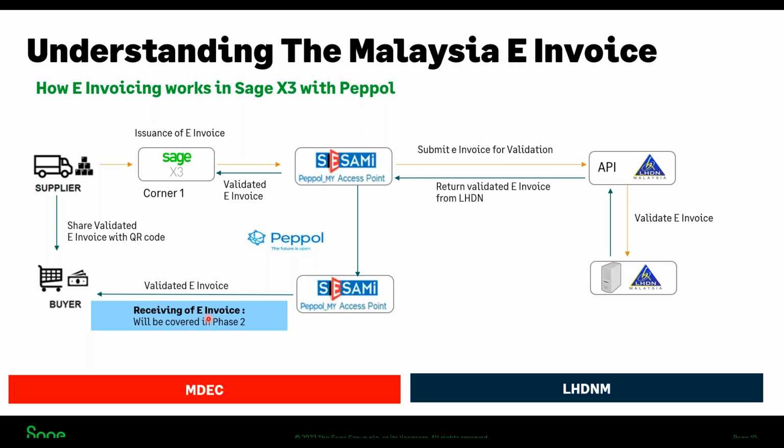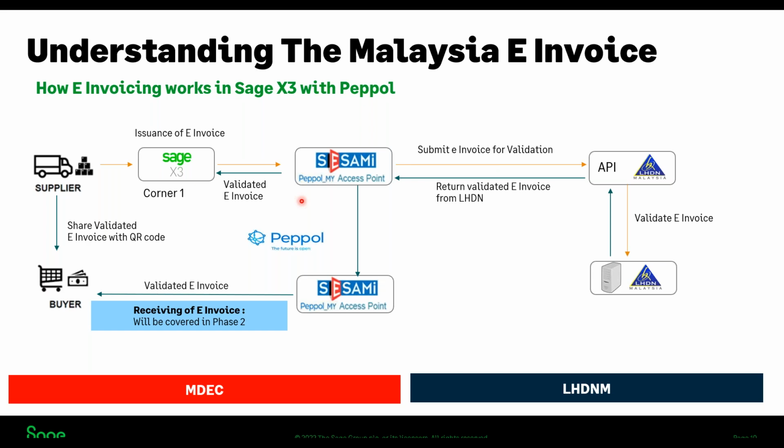But the receiving of e-invoices will only be covered in phase 2. So at this moment, up to here is phase 1. We will see it later during the Sage X3 timeline: where are we now, and what is our next phase to continue the development of this Malaysia e-invoice.